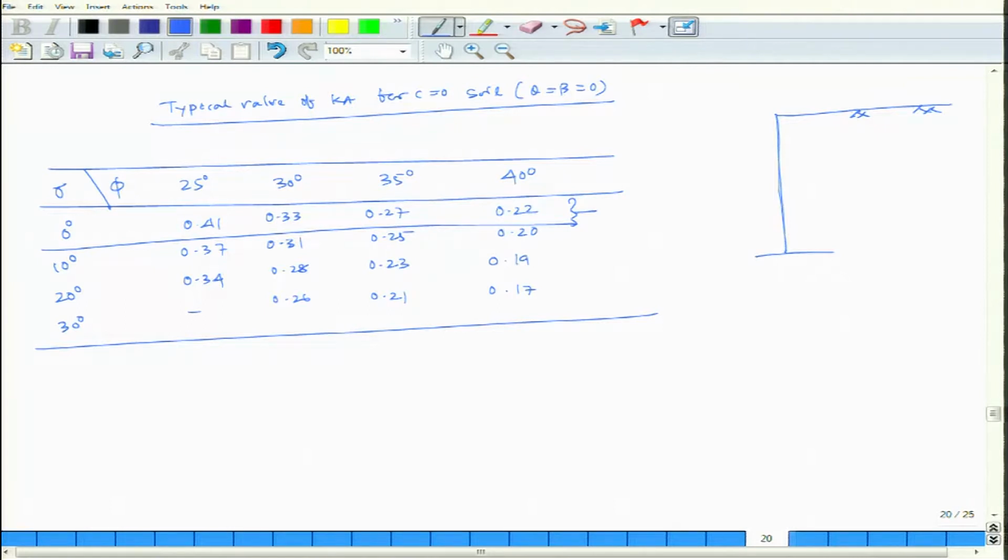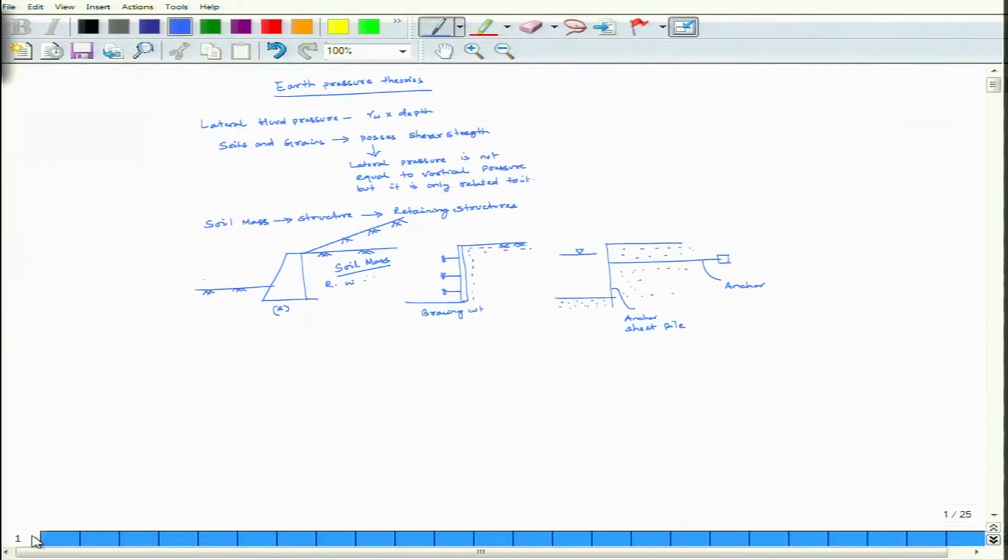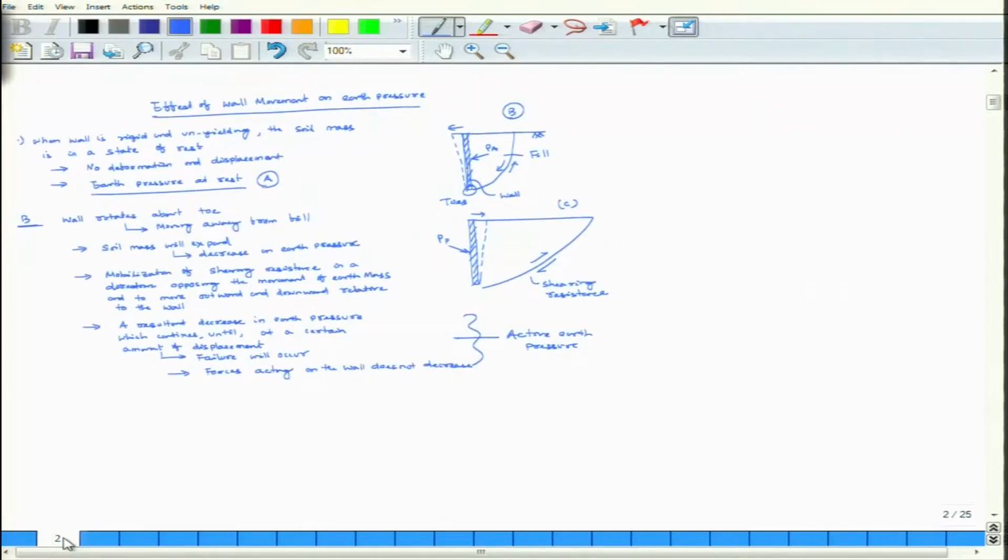Let me summarize. We have started with your earth pressure theories and considering retaining walls, because they have to retain the soils. So, that is why the cases are retaining wall, anchor, sheet piles, brace structures. Then there are two cases, one is no deformation or no displacement, in that case it is earth pressure at rest.